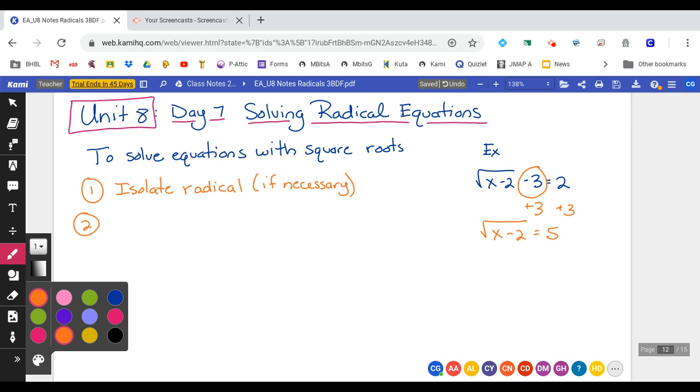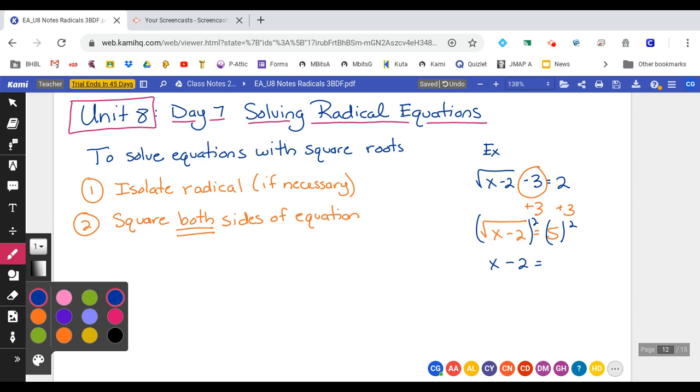All right, now that that's isolated, we need to square both sides of the equation. And we're going to square them both because that undoes a square root function. So we're going to square that and square that. Now if I square a square root, they're going to cancel each other.